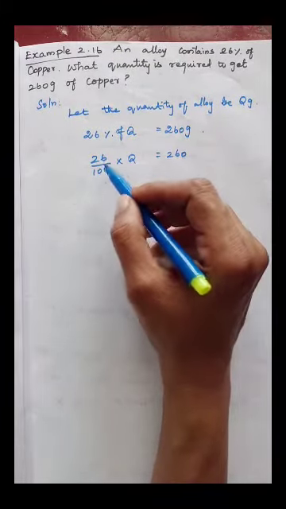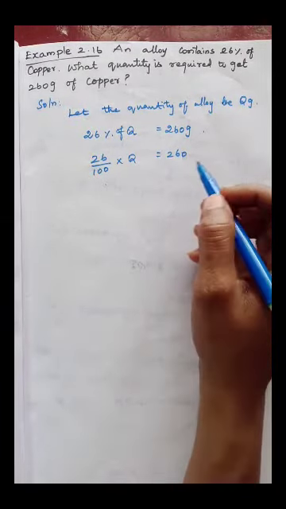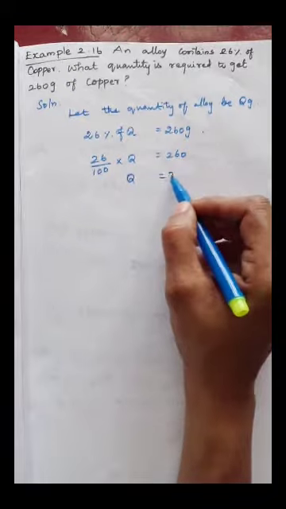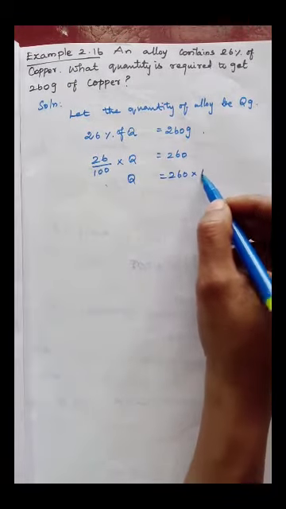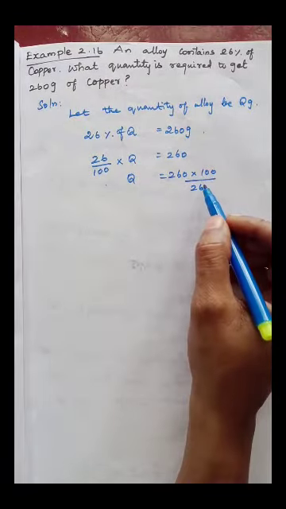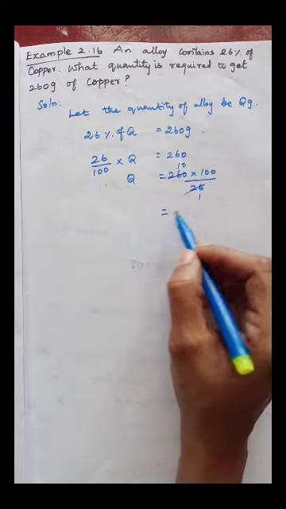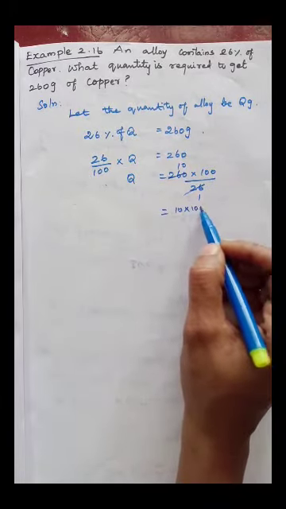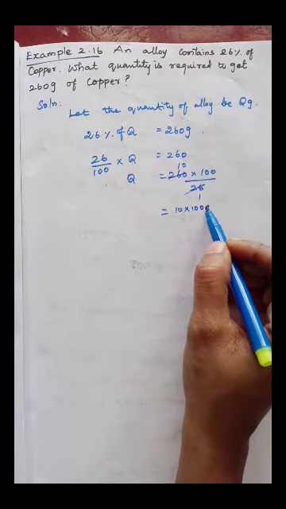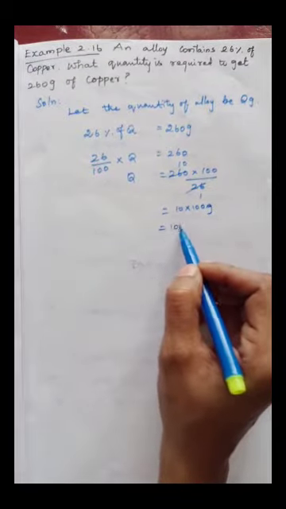Now you bring this 26 by 100 this side, it will come to the reciprocal, isn't it? That is 260 into 100 by 26. Now you cancel. 26 ones are 26, 26 tens are 260. Then 10 into 100 is equal to 1000 grams.